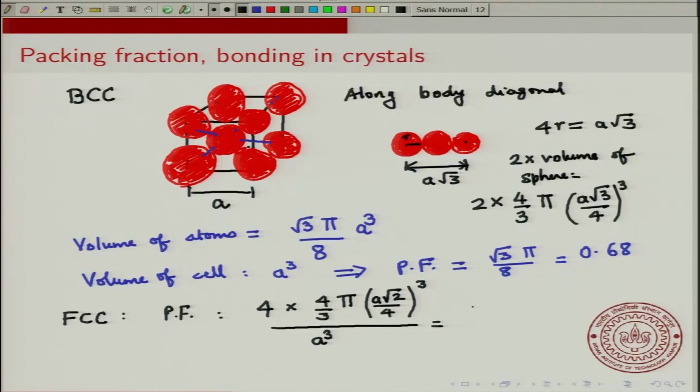So this becomes equal to pi root 2 by 6, and that is about 0.74.